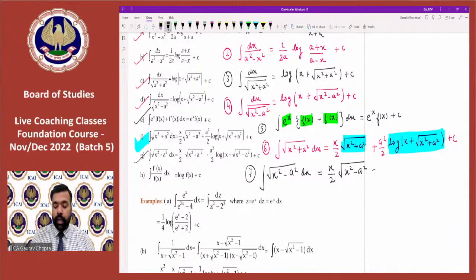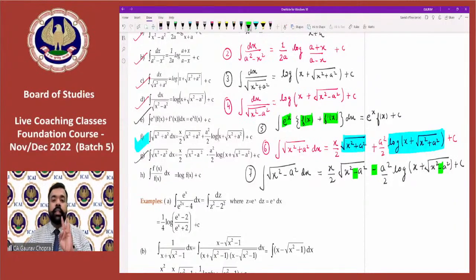Then again minus will be there, a square by 2 log of x plus root of x square minus a square and plus c. So we have put the minus sign at first place, then second place, and then third place. At 3 places, we have inserted the negative sign, and rest the formula is same.